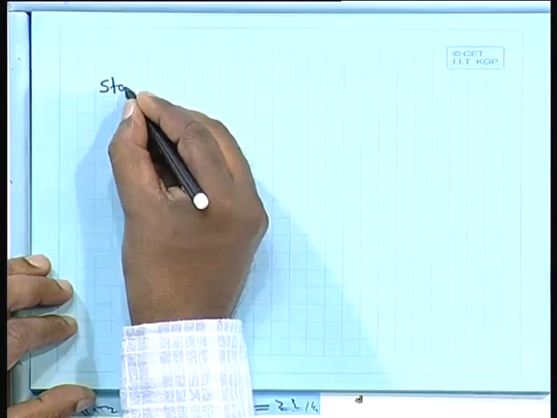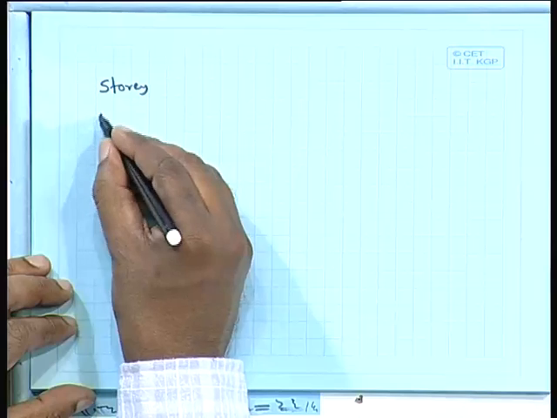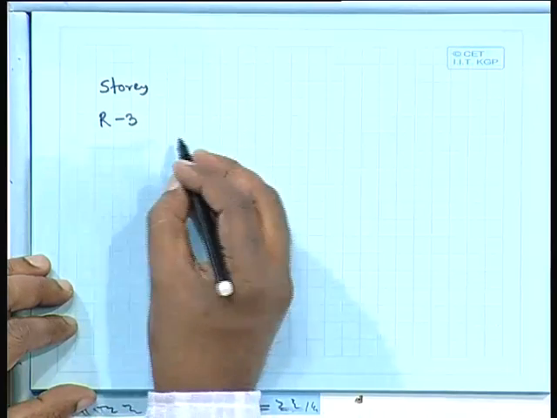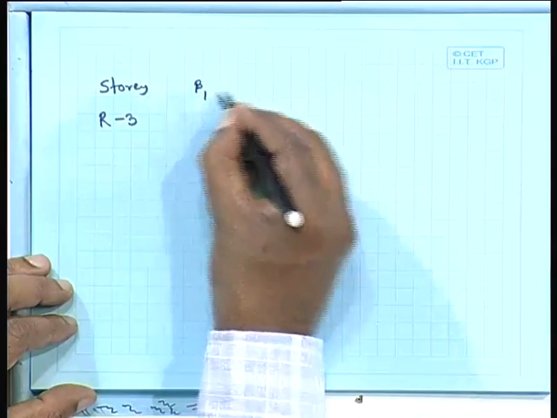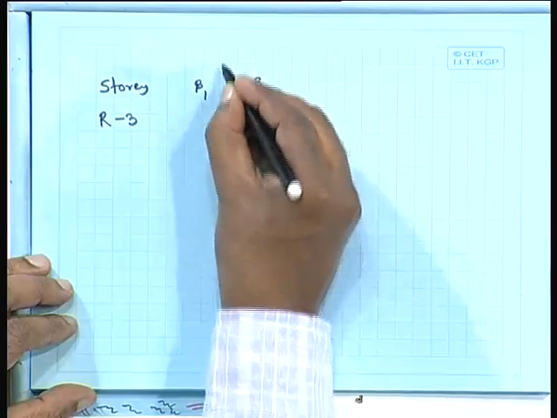So, for different stories, say R3, beta 1 and beta 2, we are talking about only XX.